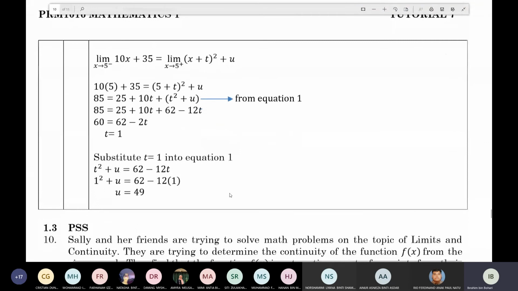Okay, cek jawapan. Ini cek jawapan saja. Okay, you check answer. Question C. U here is 49 and T here equals 1.